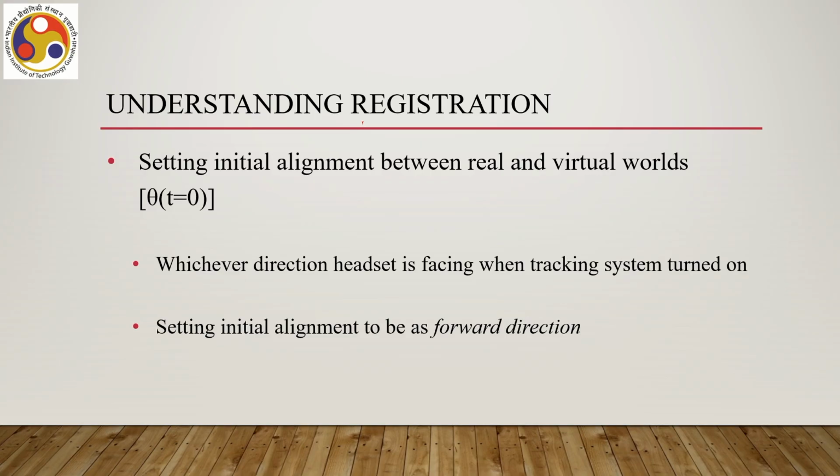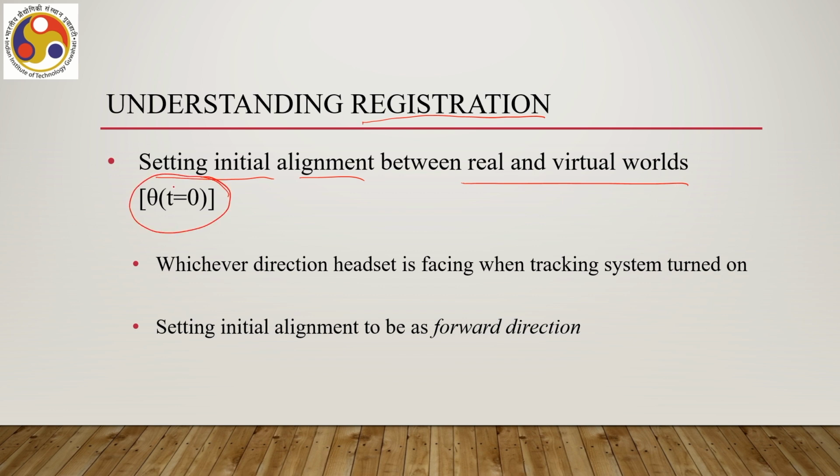Next, let us try to understand registration. Now, this is basically finding out initial pose, initial orientation of the sensor, or in other words the user who is using the sensor. So, through this step we are setting initial alignment between the real and virtual worlds.